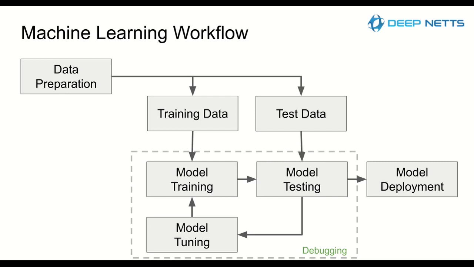So the main idea of machine learning is to provide a number of examples to a machine learning algorithm, which can then tune internal parameters and become able to recognize similar data, to perform some task, which is typically classification or regression.